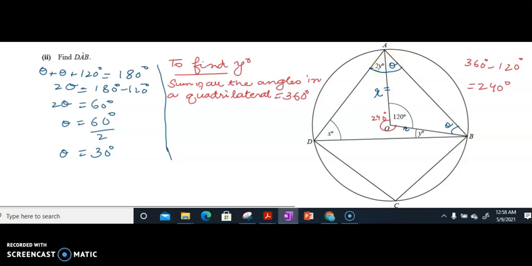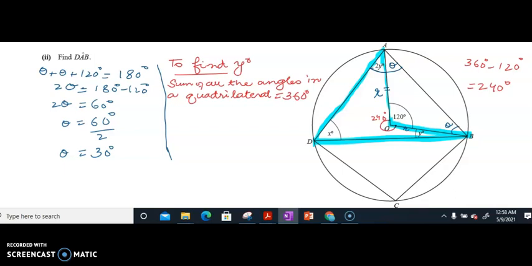Now in order to find y, we use this property that sum of all the angles in a quadrilateral is equal to 360 degrees. We are taking this quadrilateral ODB like this. So this is quadrilateral OBDA.